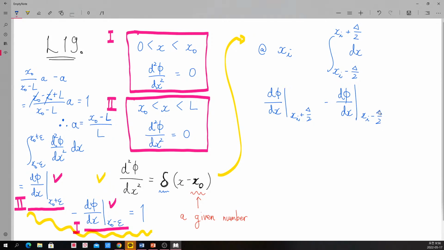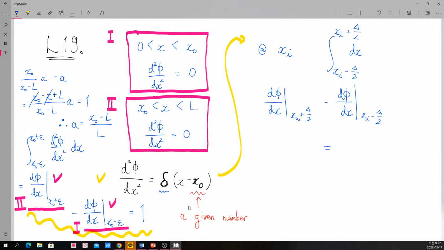Now you can have the left hand side. The left hand side is quite easy, but the point is this Dirac delta function. When your integration range starts from x sub I minus half delta and ends at x sub I plus half delta, if your integration domain contains x naught, then you will have just a positive number 1.